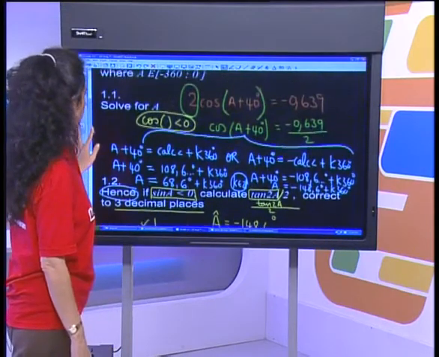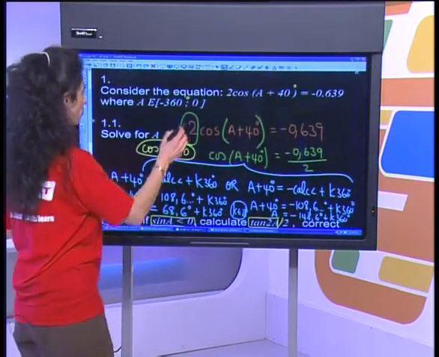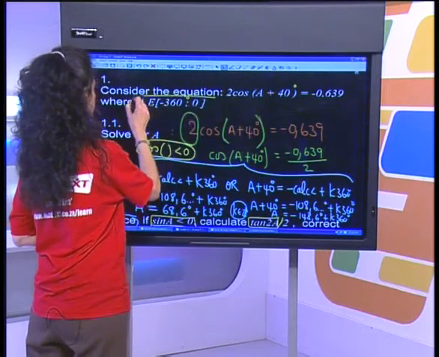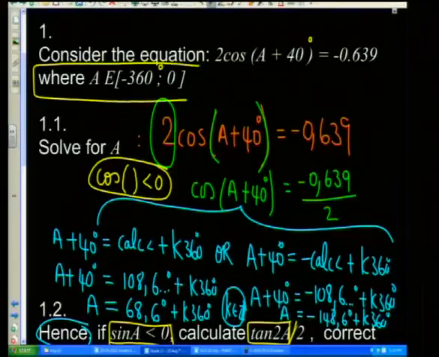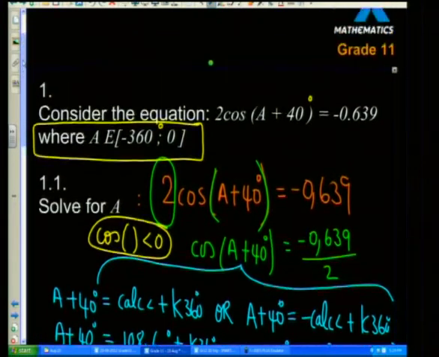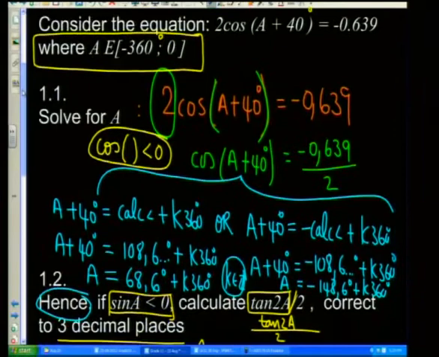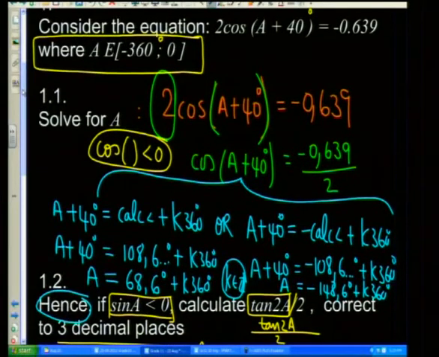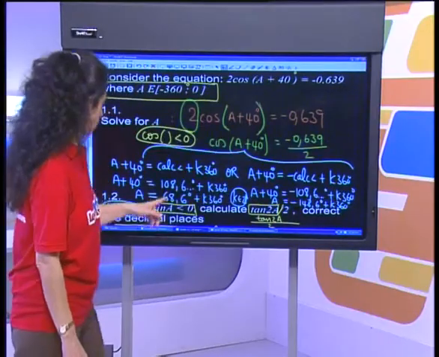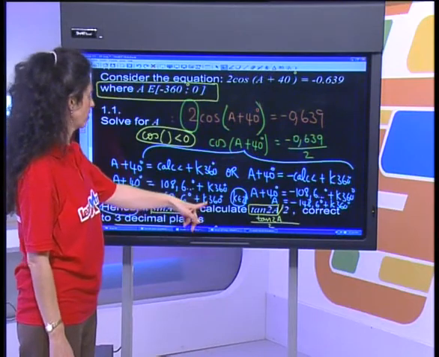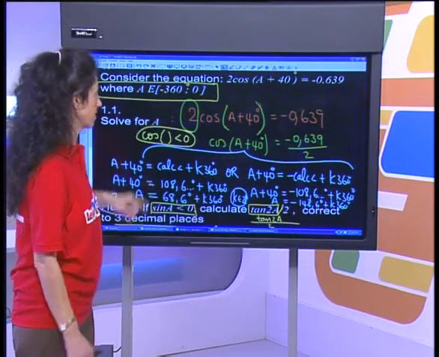And we actually didn't take into consideration that originally we were given that domain. And in that domain, the values that fall into that set would be not a 68, but that one would have fallen in. If I take 68 minus 360, that would have fallen into that set.